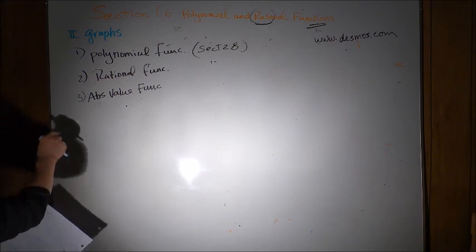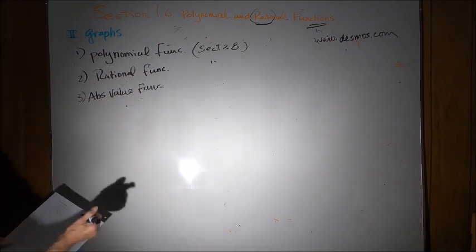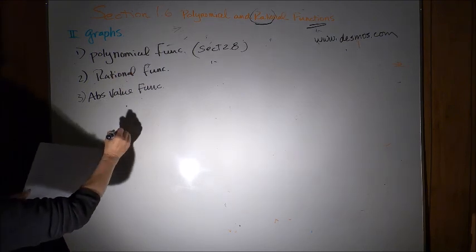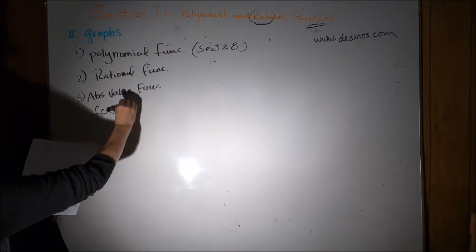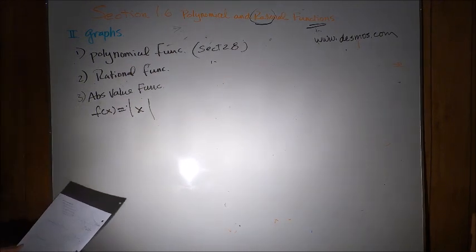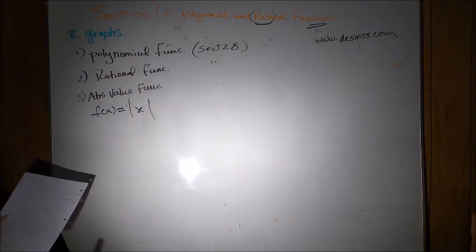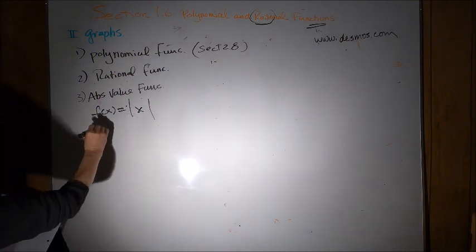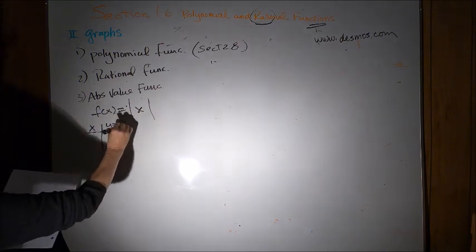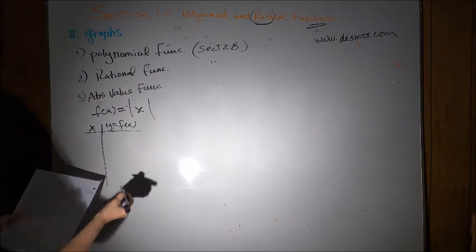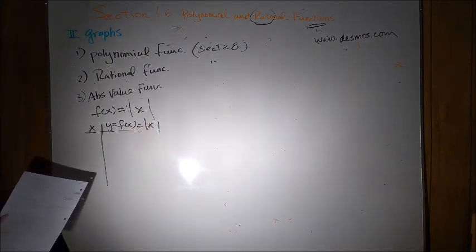Let's look at the next thing, absolute value functions. So for absolute value function, for example, we can have this, right? An absolute value function. So how do we graph it? We learned this before. You use your t-table. So y, f of x is your y, which is the absolute value of x.